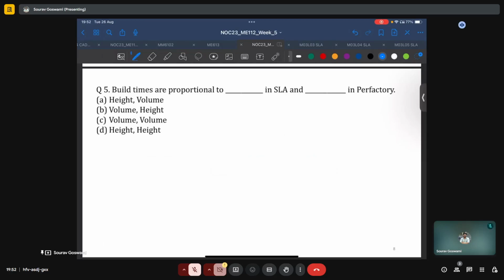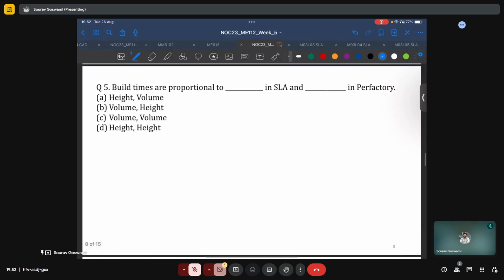We can reason this one out by remembering that SLA used a laser process which scans point by point over the region of interest in a slice.